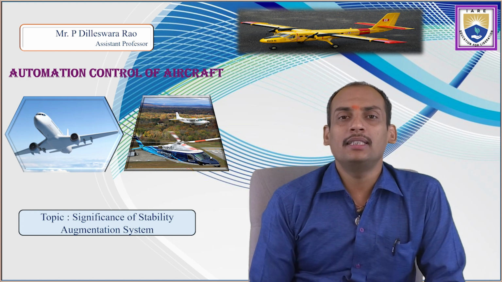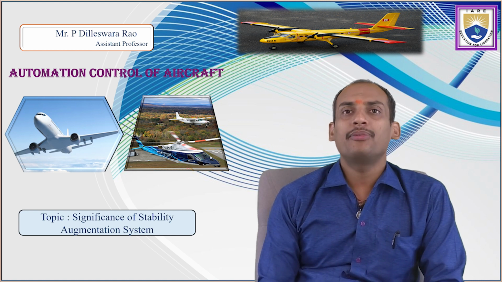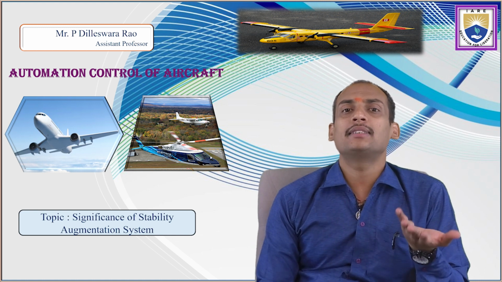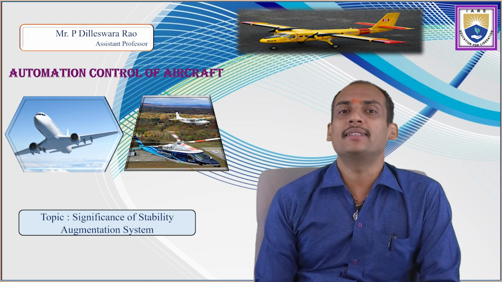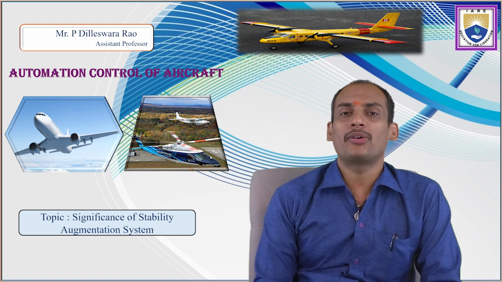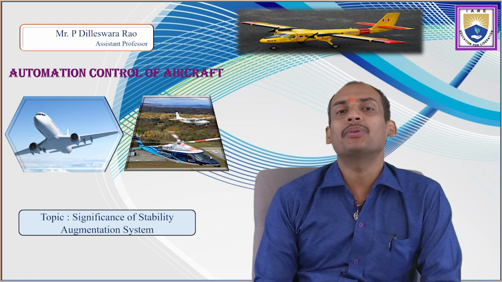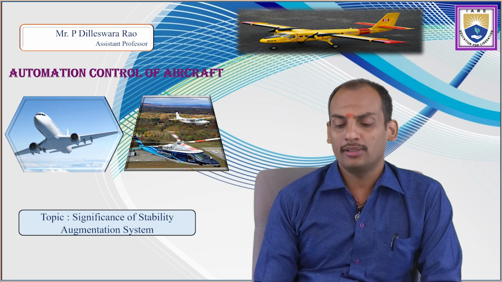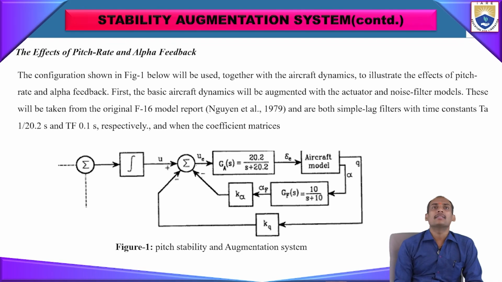Let's see the topic. Here we are explaining the SAS system with two examples, both applications on aircraft: the effect of pitch rate and alpha feedback, and washed out alpha feedback. With these two examples, we want to explain the SAS system.